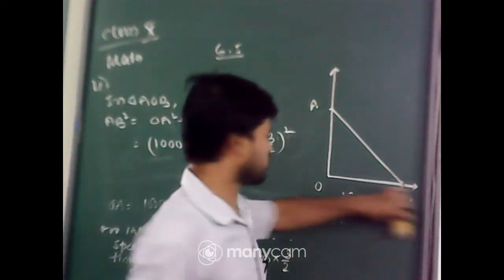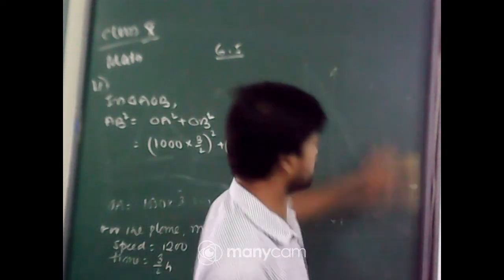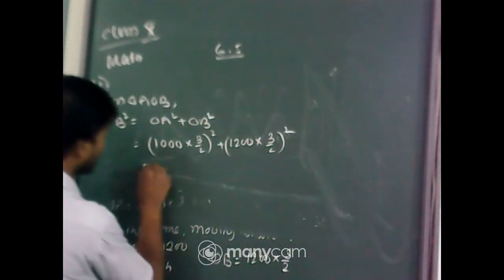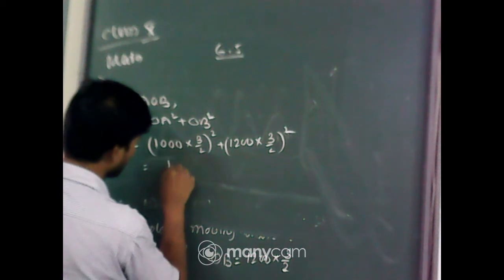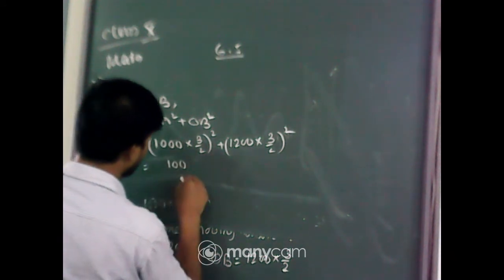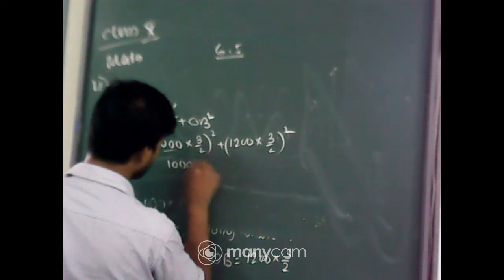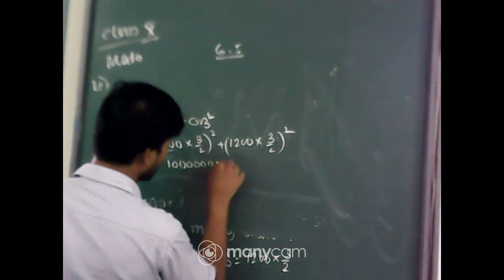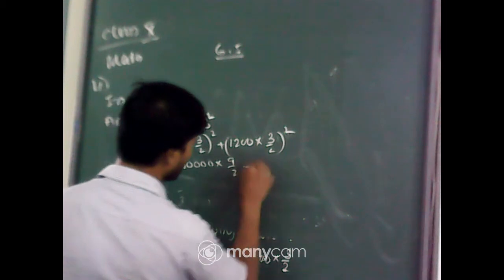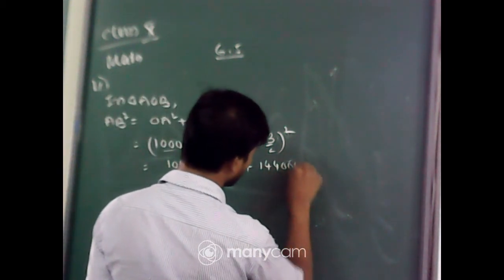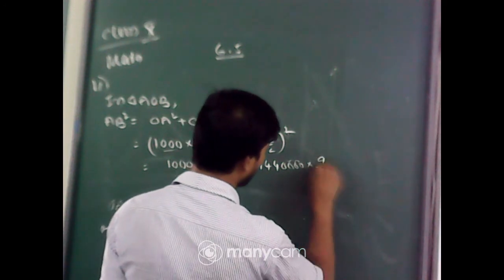Now just do the simple calculation. So that will be 1000 squared into 9 by 4 plus 1200 squared into 9 by 4.